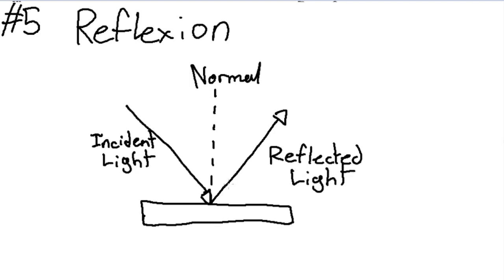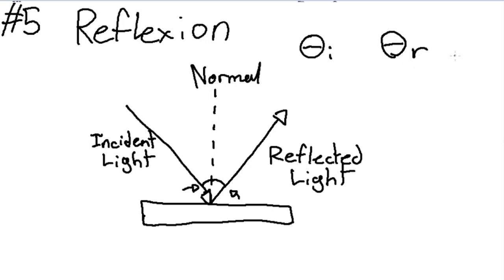And also to note, it forms two angles with the normal, right? This angle, the incident angle, its symbol is going to be theta I. This is going to be the angle for this angle right there, and then the angle from the other side, its symbol is going to be theta R for reflected.